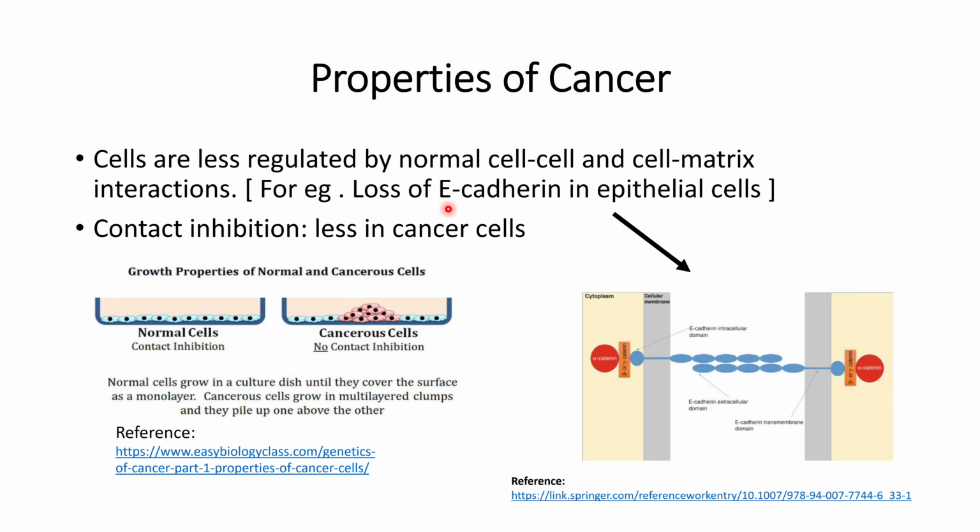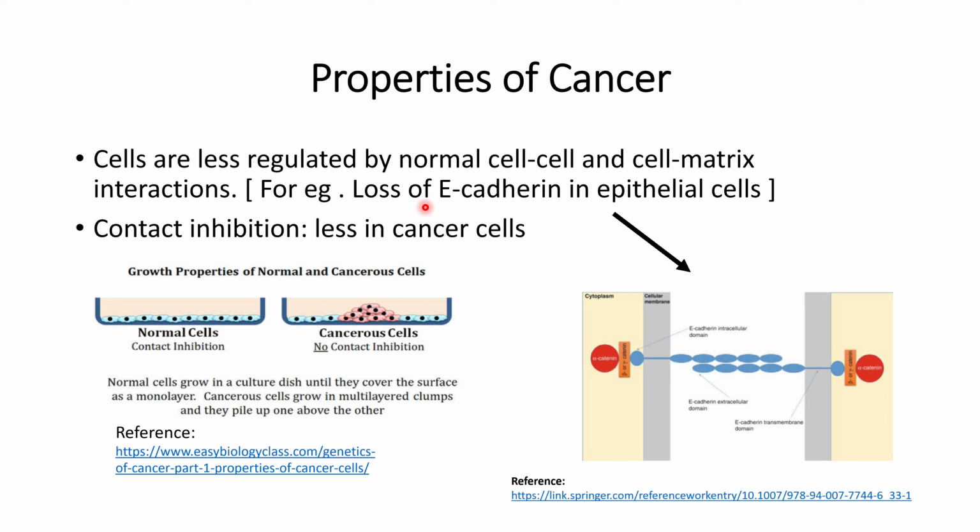Because of the alteration of the protein on the plasma membrane, these cancerous cells are not regulated by normal cell-cell or cell-matrix interaction, because the proteins that are responsible for the interaction are either altered or not secreted as the extracellular matrix.